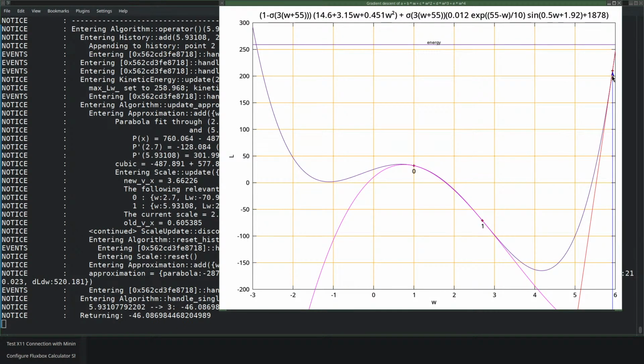And now I should detect that there must be a minimum between 1 and 2, because, my god, even the slopes are opposite. But it seems that it didn't even update my third degree polynomial. It's just the old one. What?